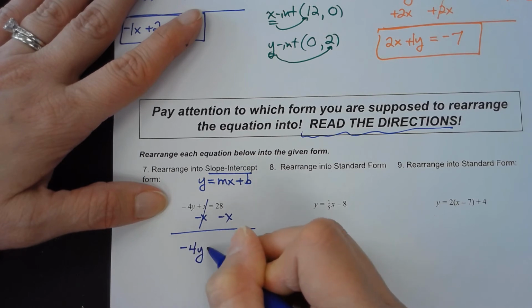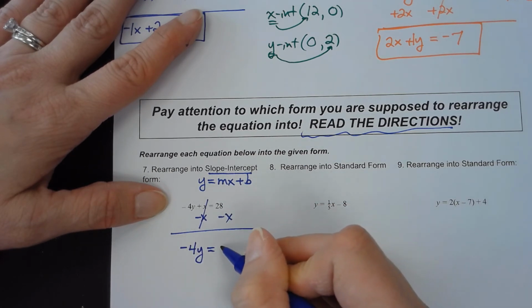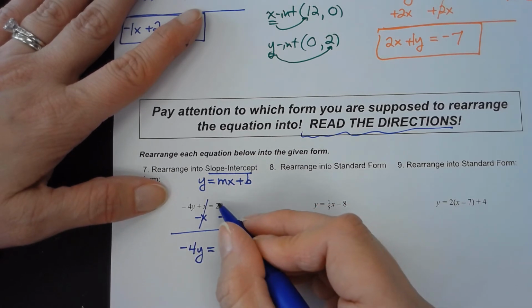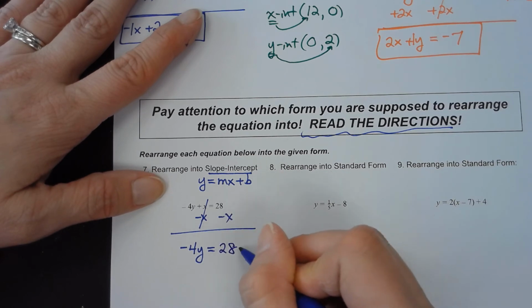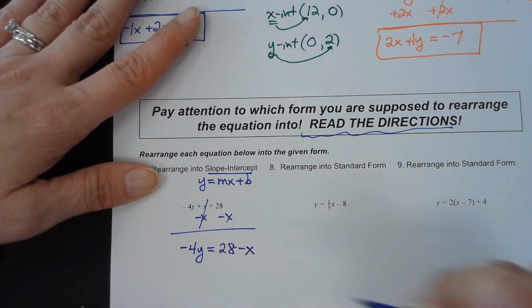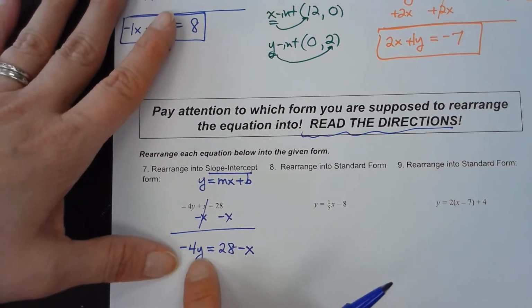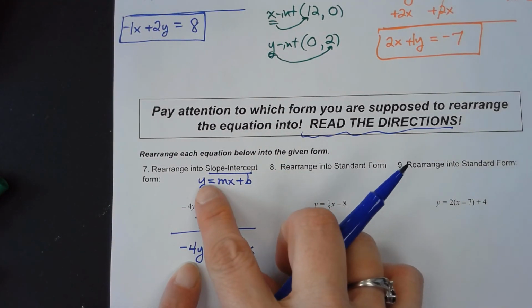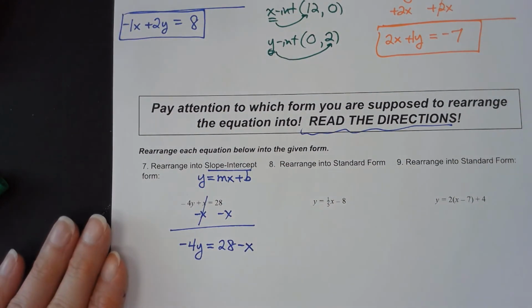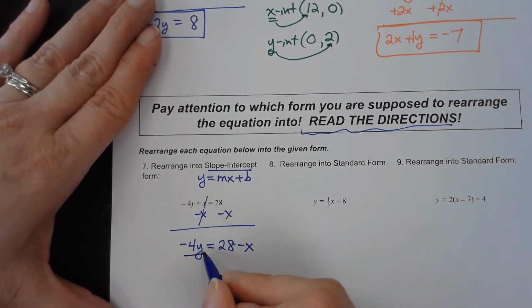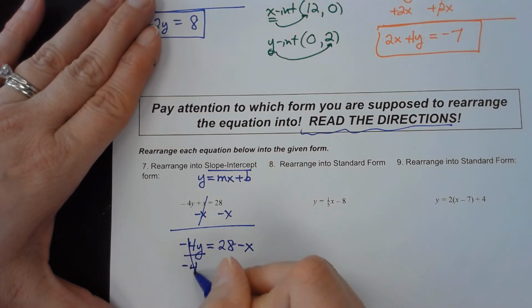Negative 4y. And then over here we have, do you want to put 28 first? 28 minus x? Or you could rearrange it if you want. So the y's are alone, but it was supposed to just be a y, not a negative 4. So the last step would be to divide by negative 4.